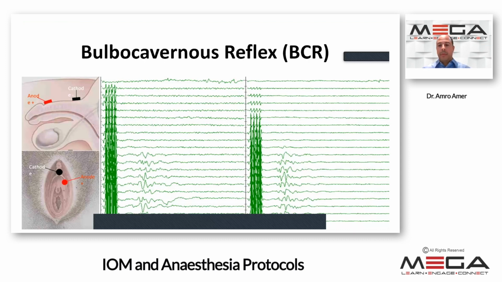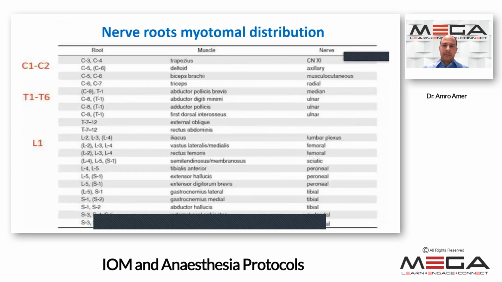We record it from the anal sphincter or urethra, but the accessible one is the anal sphincter. As you can see, the signal right here. Now we know that the pudendal nerve is intact. There is no incontinence or any neural damage to the pudendal nerve.